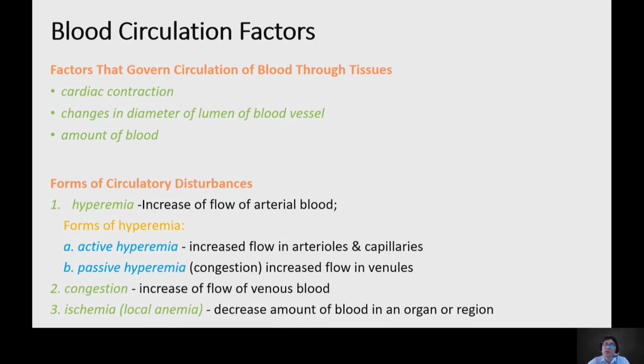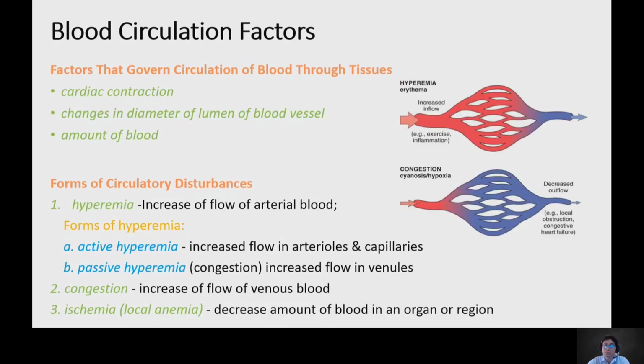Passive hyperemia can result in congestion, increase of flow in venous. Congestion is the increase of flow of venous blood. Ischemia, local anemia, is a decrease in the amount of blood in an organ or a region. This image represents the hyperemia and congestion.